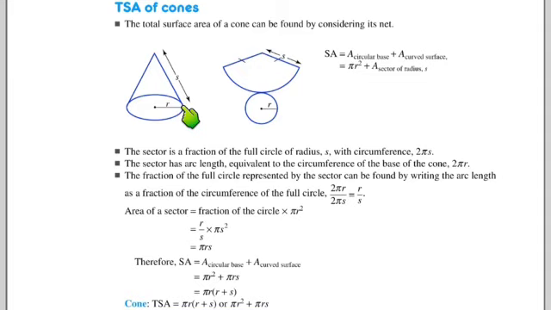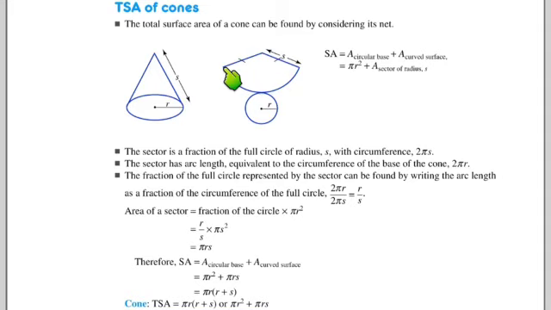So what is the length of the perimeter of this circle here, of the original cone? Come on, what's the circumference of a circle? Well, it's 2 pi r, isn't it? So this length here, folded out, is 2 pi r. Now, we can easily work out what fraction this sector is of a full circle, because it's the same fraction that this perimeter is of the full circle's perimeter.